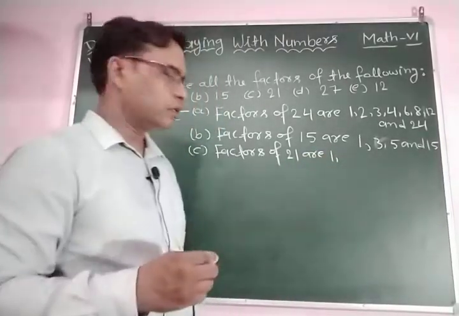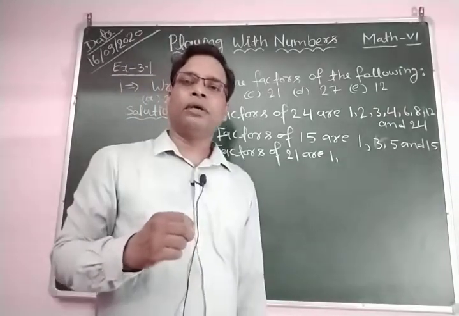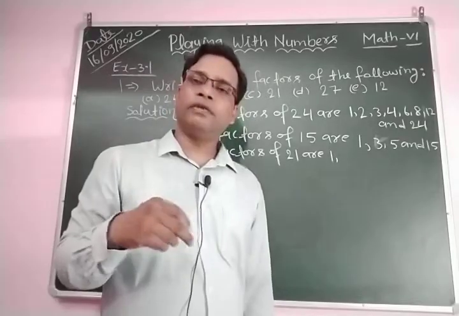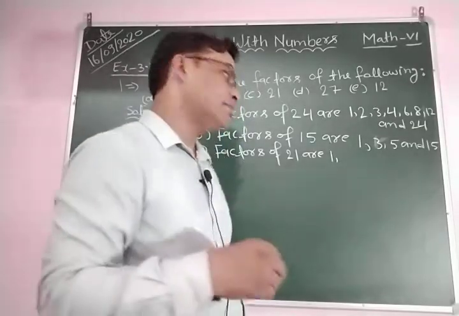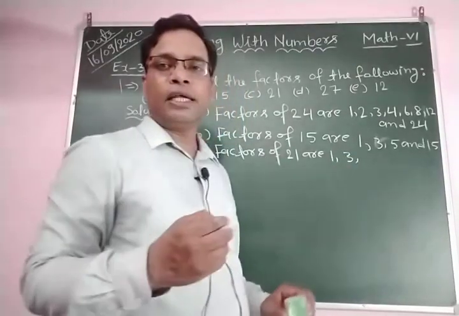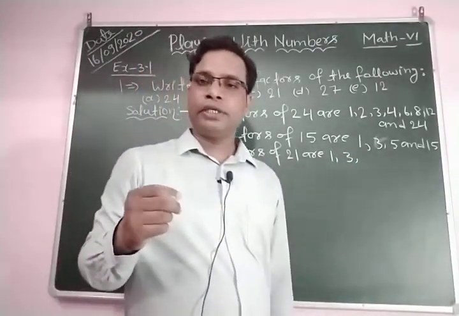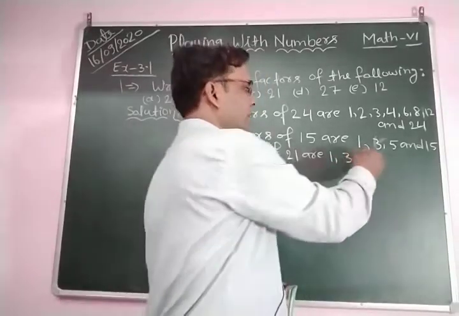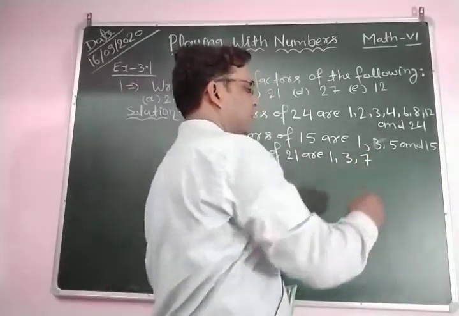21 is not divisible by 2, but 21 is divisible by 3. So 3 divides 21, so 3 is a factor of 21. Now 7 threes are 21, which means 7 also divides 21, so 7 is a factor of 21.